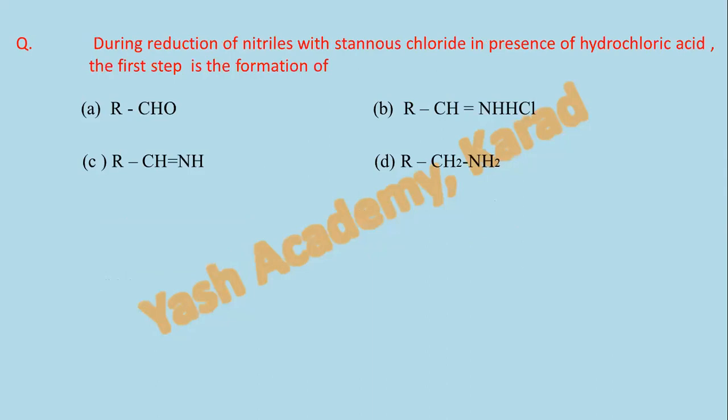Next, during reduction of nitriles with stannous chloride in presence of hydrochloric acid, the first step is the formation of... इथं reaction बघा आता, this is a Stephen reaction, Stephen reduction.